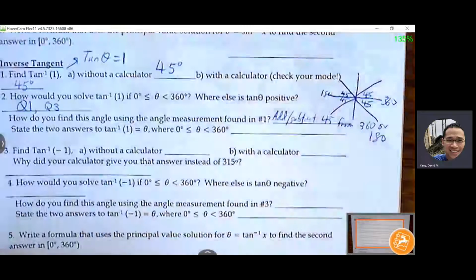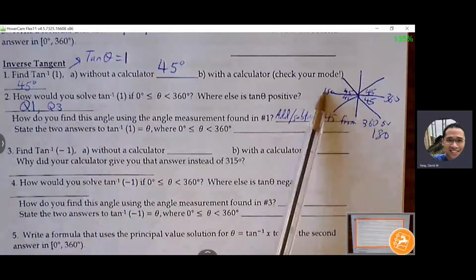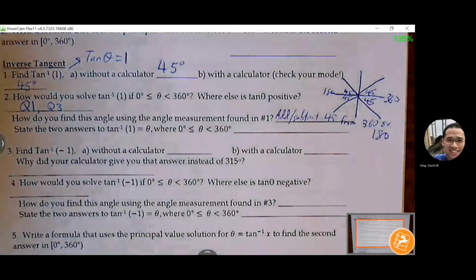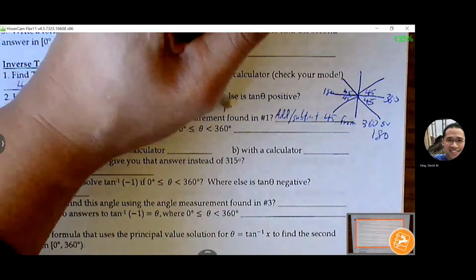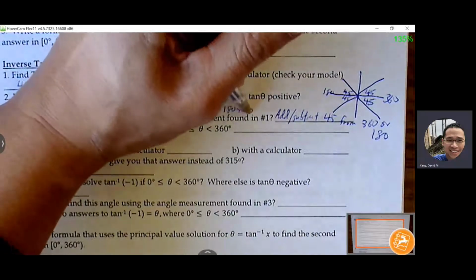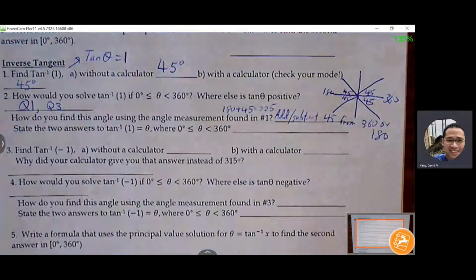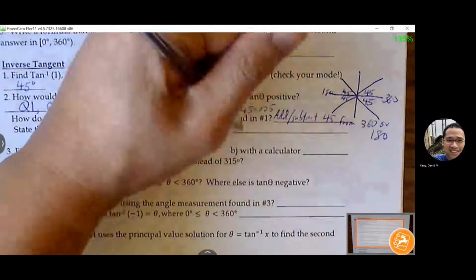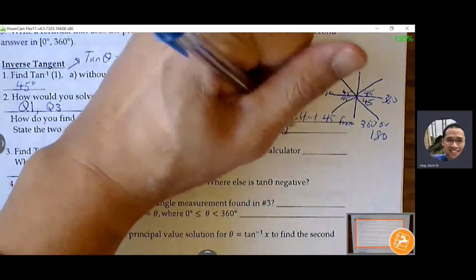Right, that's the general rule, but we know that because we're looking for quadrant 3, we're going to do 180 plus 45, which is 225 degrees. So we know our two answers, first and third quadrant, 45 degrees and 225 degrees.